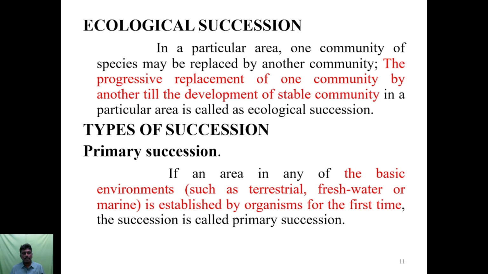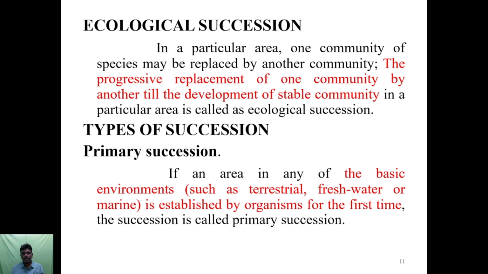Then ecological succession. In a particular area, one community of species may be replaced by another community. The progressive replacement of one community by another till the development of a stable community in a particular area is called ecological succession.